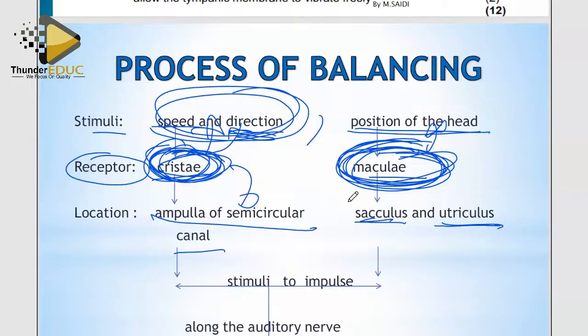Sacculus and utriculus. I'm saying it so that it sticks into your head. You have to sing it. I repeat, you have to sing it.